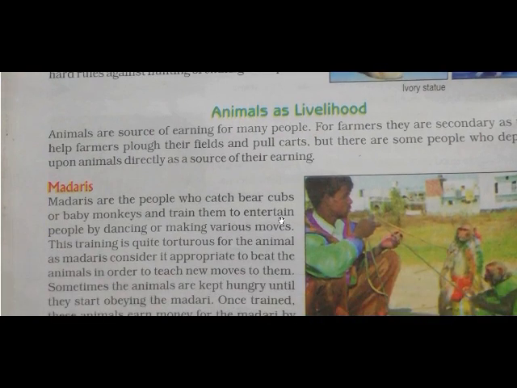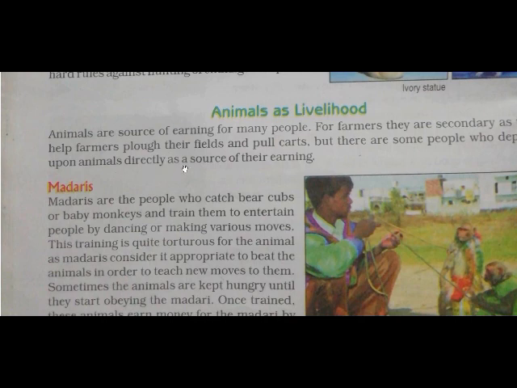Animals as livelihood. Animals are a source of earning for many people. For farmers, they are secondary, as they help farmers plow their fields and pull carts. But there are some people who depend upon animals directly as a source of earning.